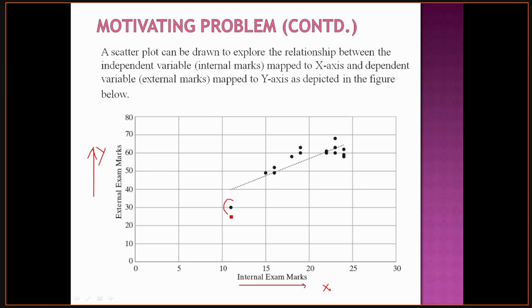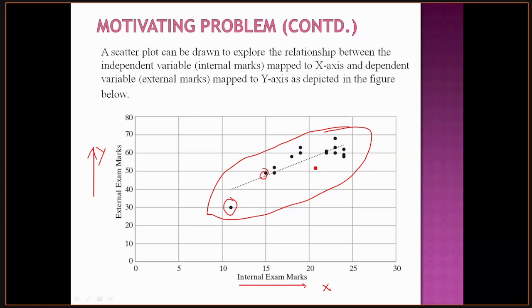If I plot the data points for each of the students and see some kind of linear pattern like this, I can confirm my notion that the external marks have a relationship with my internal marks. That is my scatter plot.